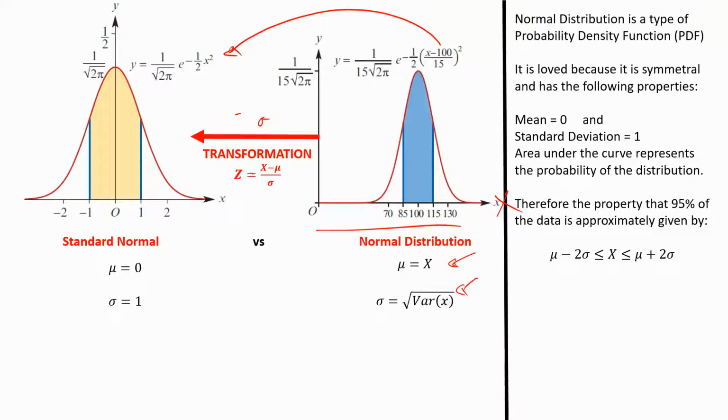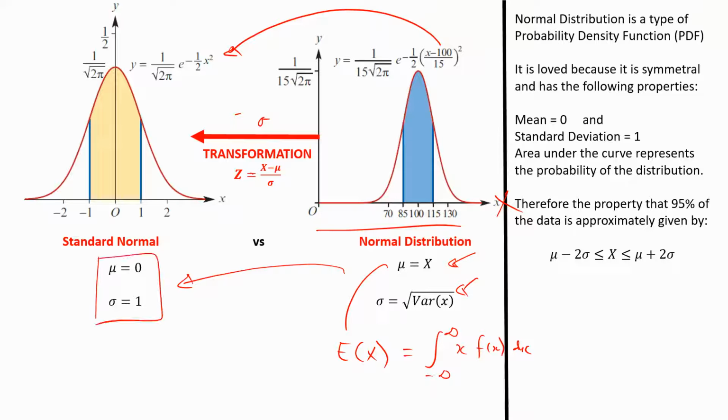And how you find the expected value has always been the same. Expected value for a continuous random variable is the integral from negative infinity to infinity of x times f(x) dx. That's what we learned in chapter 15. That's how you'd normally find it. Now we're just trying to move it over here so that by default, the mean is 0 and standard deviation is 1. That is the goal.